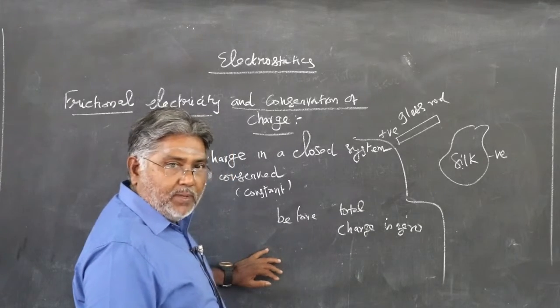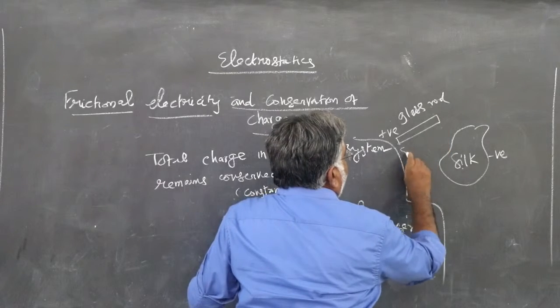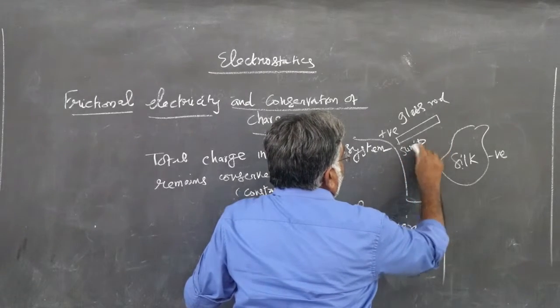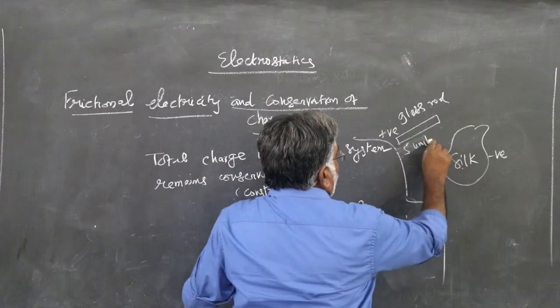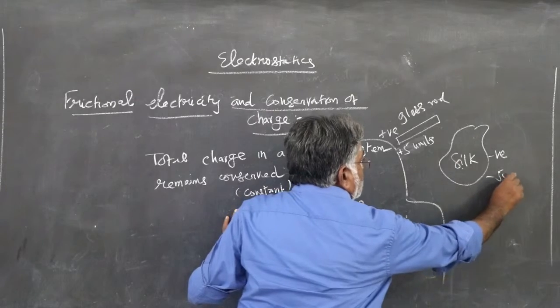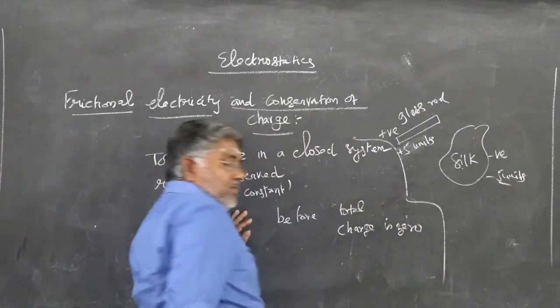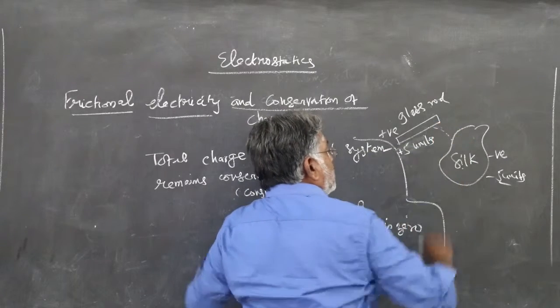After the rubbing phenomenon, what will happen? If the glass rod acquires, say, some 5 units of positive charge, I am just taking an easy number, plus 5 units, then the silk will acquire minus 5 units of charge, because the electrons would go from the glass rod to the silk.